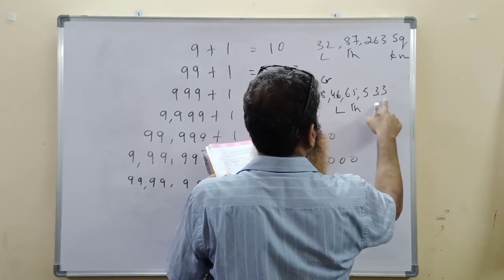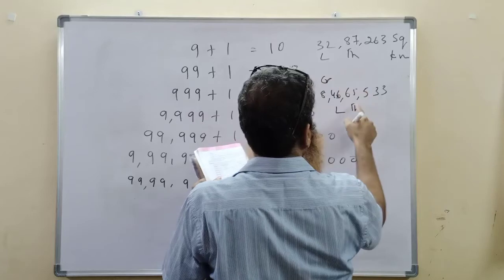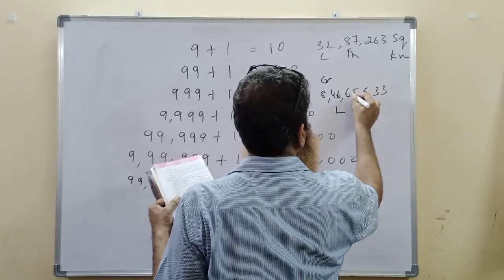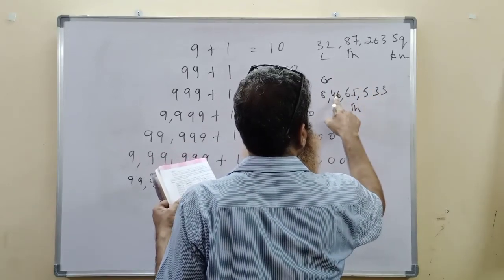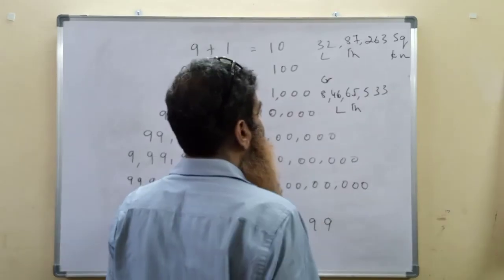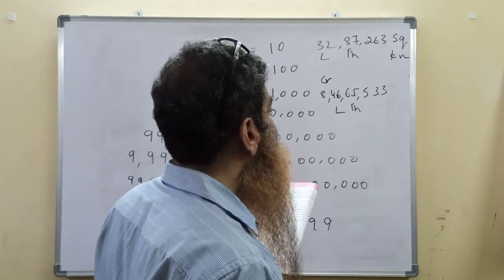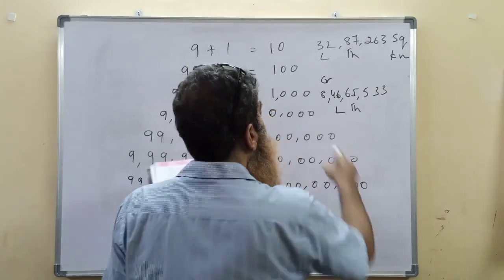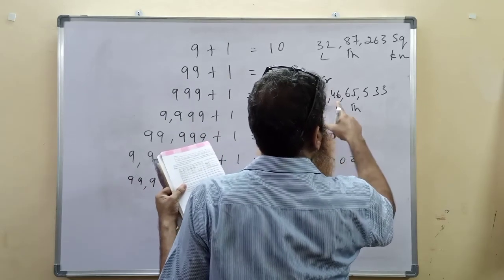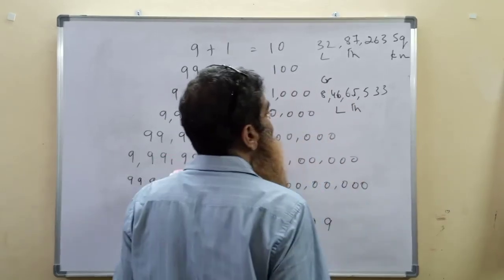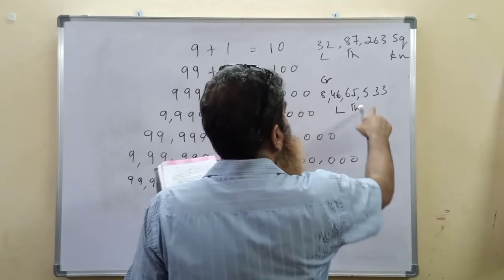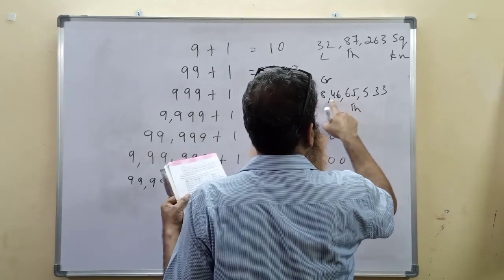Reading it from here, 533, 5,533, 65,533, 6 lakh 65,533, 46 lakh 65,533, and 8 crores 46 lakh 65,533. These are 3 digits, 4, 5, 6, 7, 8 digits number.